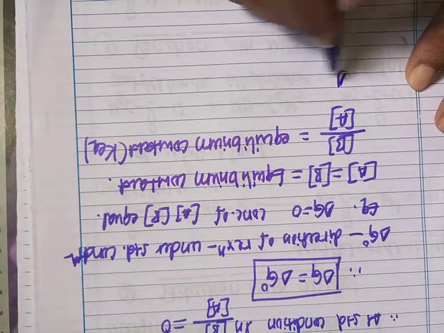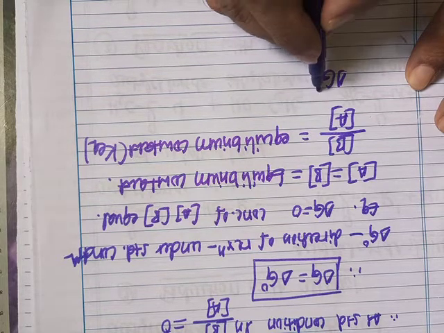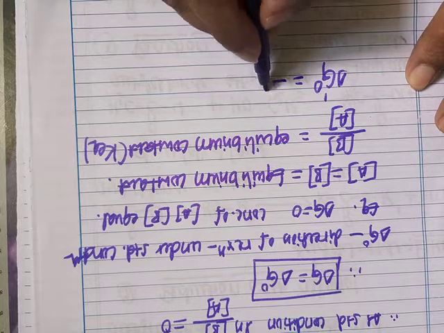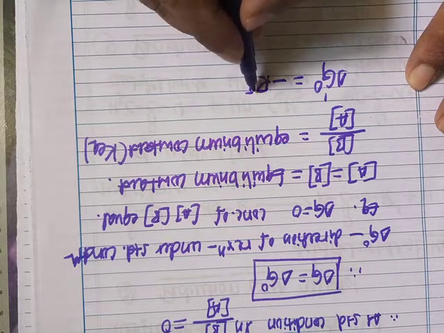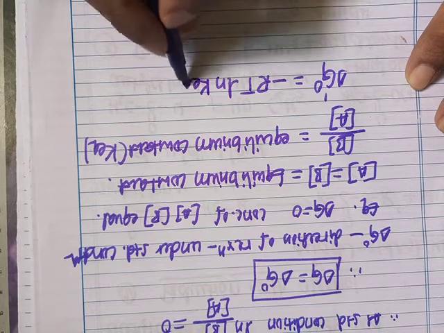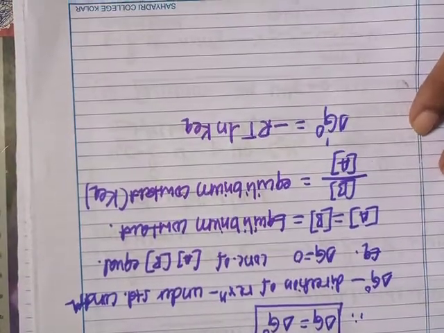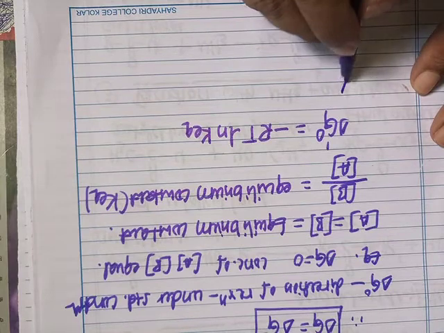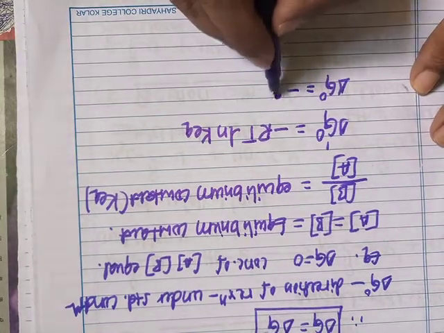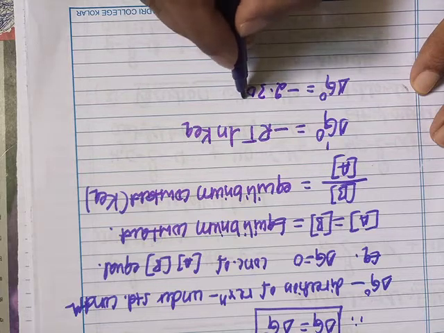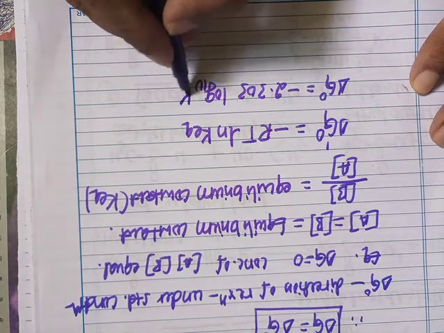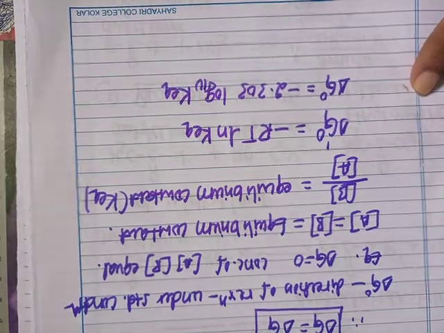Therefore delta G naught is equal to minus RT ln equilibrium constant, or delta G naught is equal to minus 2.303 RT log to the base 10 K of equilibrium.